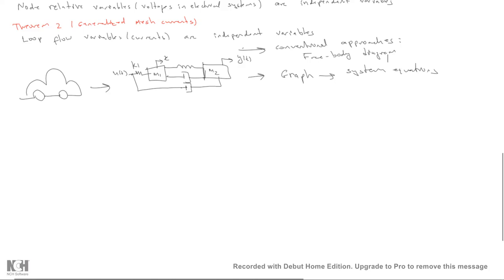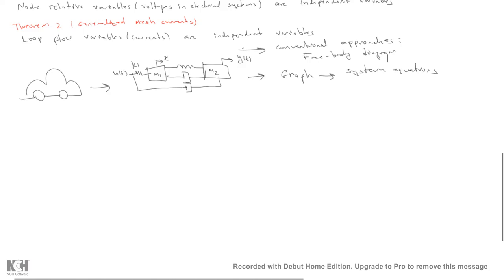Since we are in the mechanical domain, our node relative variables can be position, velocity, or even acceleration. However, to make our transition a little more convenient, I'm going to select the position as my node relative variable, and we will express it with respect to the non-moving, inertial frame.